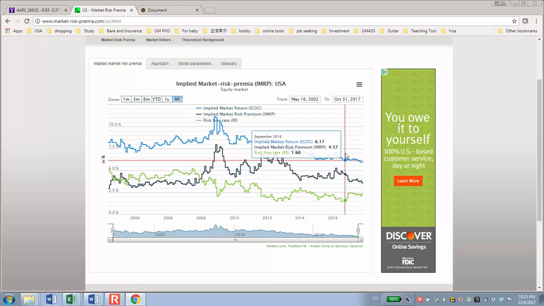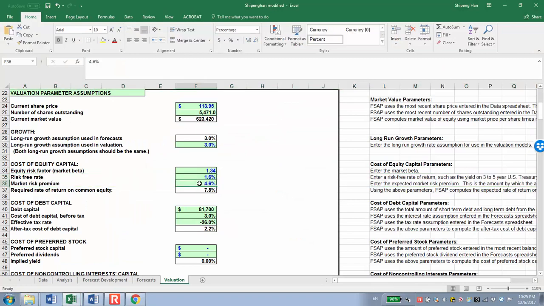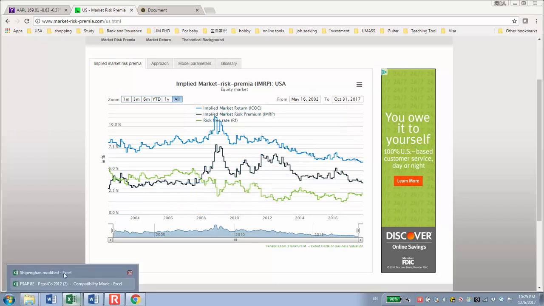We copy these two numbers into the spreadsheet. I didn't enter 4.57, I just entered 4.6. There's no big difference.